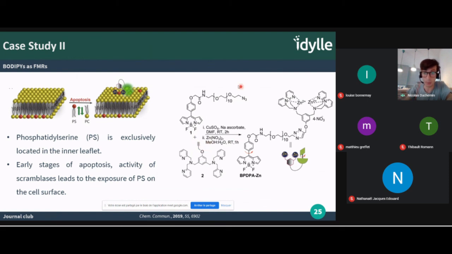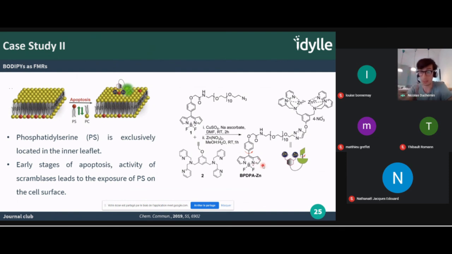So you do your click chemistry, you form the triazole, and you add some zinc, you have the zinc complex here, and you have a proper zinc ligand that can bind phosphatidylserine coupled with a fluorescent molecular rotor.